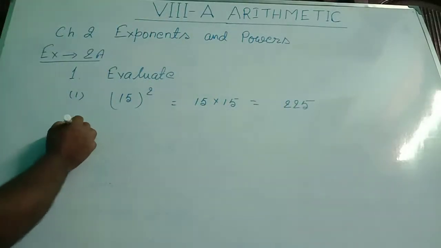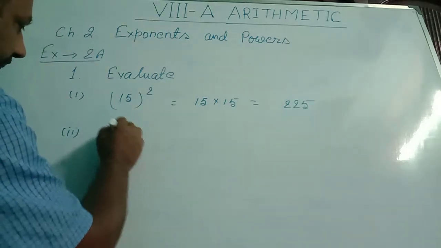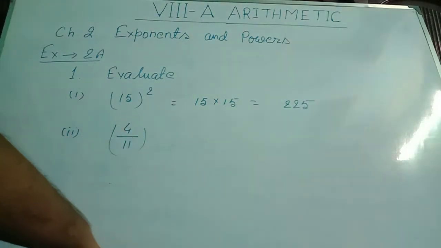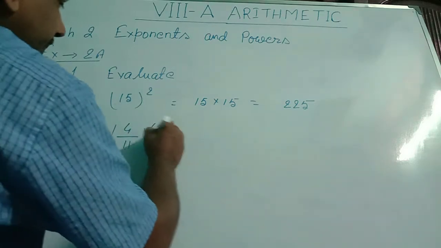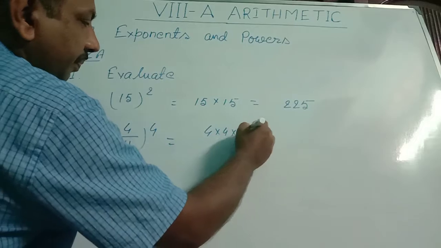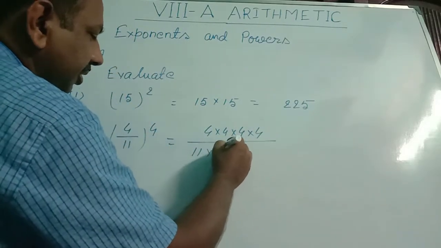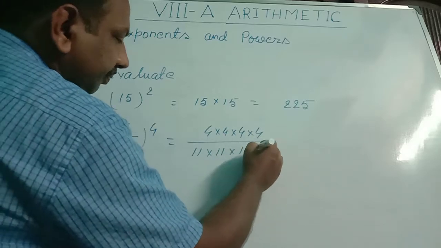Roman number 2. 4 by 11 to the power 4. So 4 will be multiplied 4 times and 11 will also be multiplied 4 times.